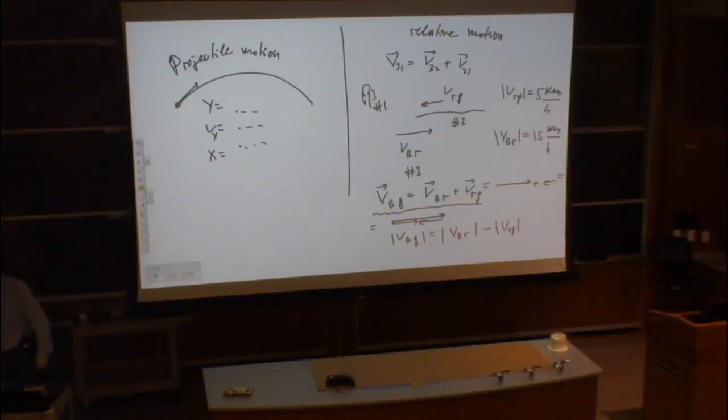But if we make a transition from vectors to magnitudes of those vectors, it turns out in this particular example we are adding a negative number, subtracting. So it's 15 minus 5, 10.